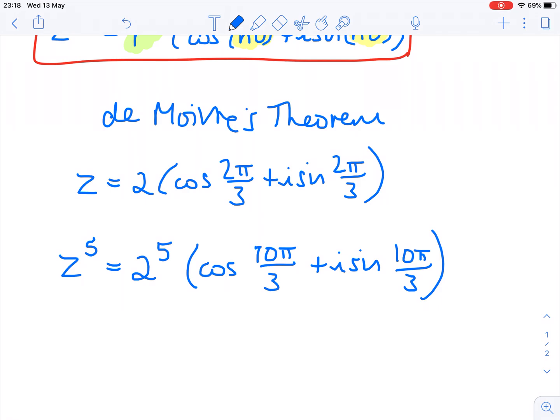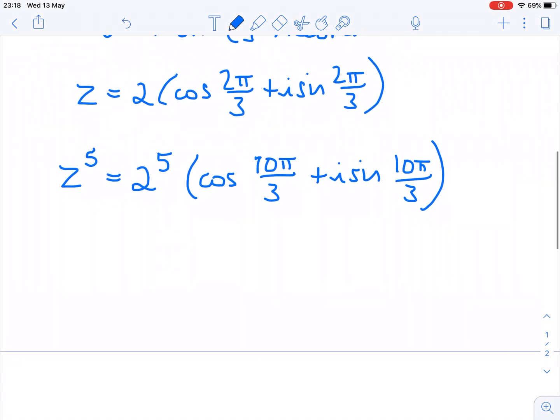Now that's lovely, except that 10 pi over 3 is not in the range that we specified for a complex number's argument. So going back to the beginning, 2 to the 5 has a specific value, 32. 10 pi over 3 is out of range, so I'm just going to subtract entire rotations of 2 pi until I get to something between negative pi and pi.